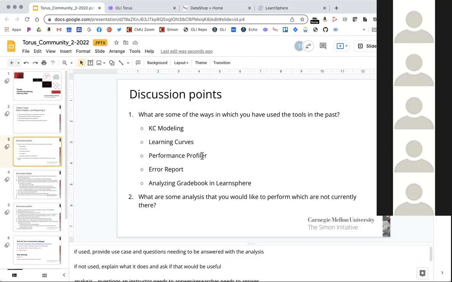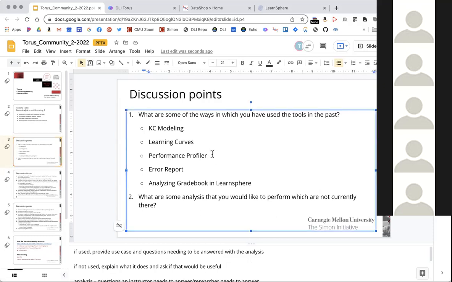So performance profiler, I think what this is, and Tanvi, you can keep me honest here, is an ability in DataShop to see the performance on specific questions. Is that correct, Tanvi? Cindy?